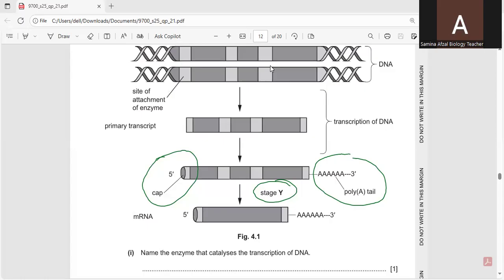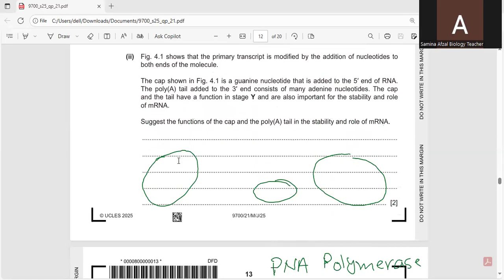So the messenger RNA will be formed here by RNA polymerase. Very simple question.